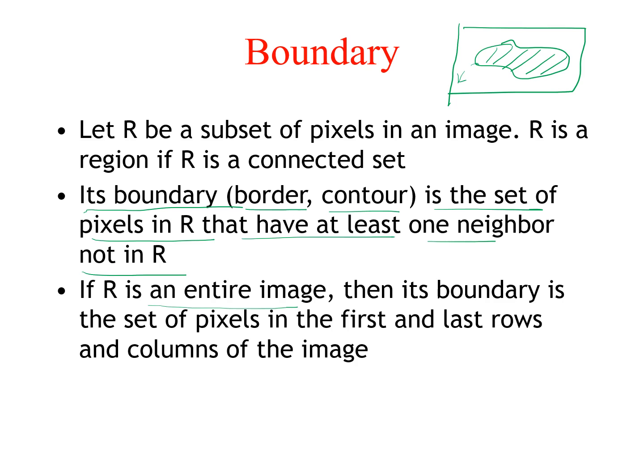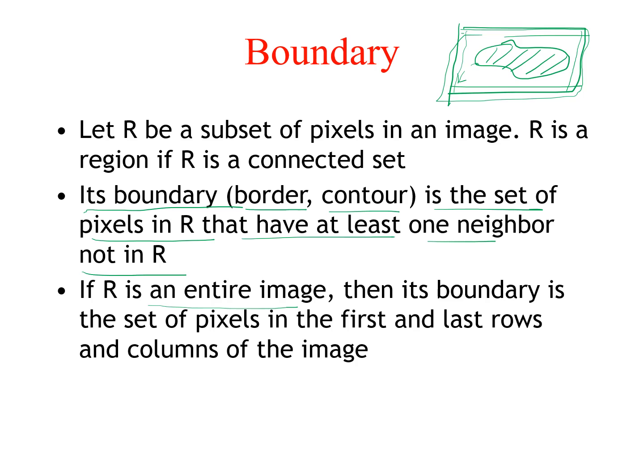If R is an entire image, then its boundary is the set of pixels in the first row, last row, first column and last column. Understood? So boundary is a global concept.